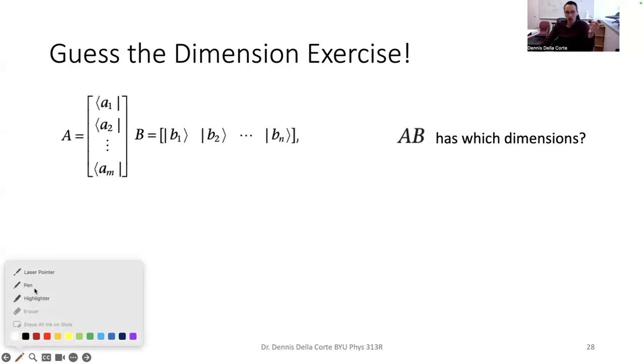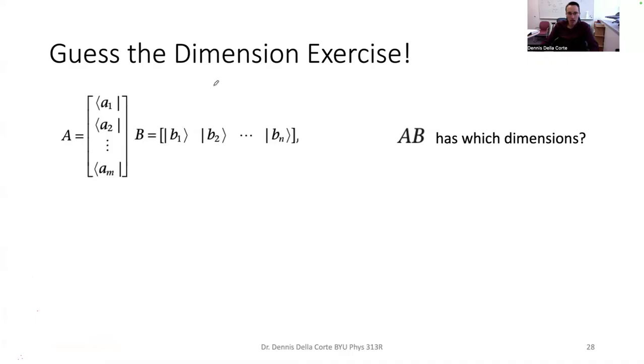We know that A has m rows, and then some number of columns. We don't know what it is.